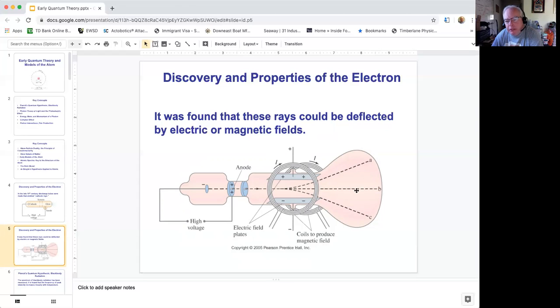So on the original TVs, what would happen is that the magnetic field would sweep a beam of electrons horizontally, and then that process would be repeated, but deflecting the beam slightly up based on the electric field between these two charged plates. And synchronizing these, you could actually paint the screen relatively quickly.